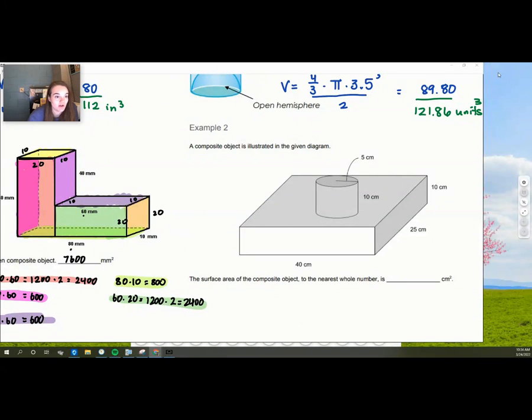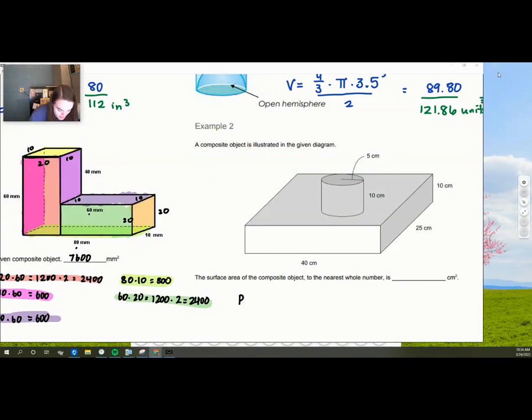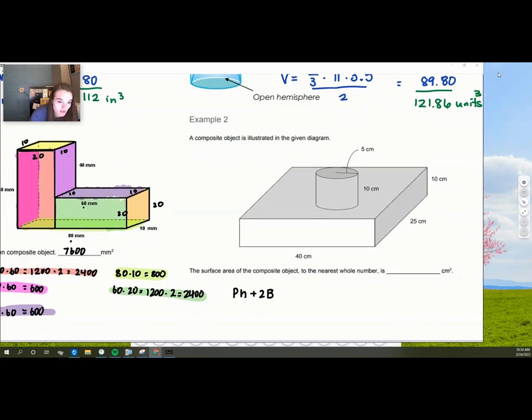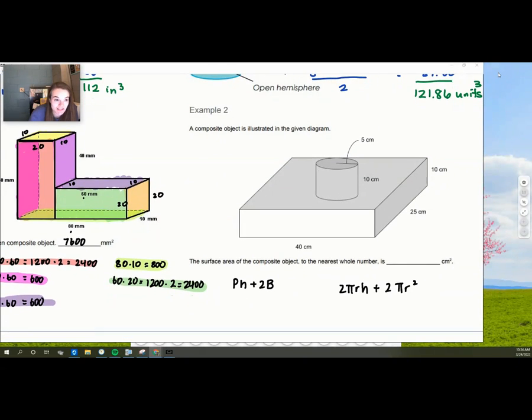So the surface area of a prism, you have the perimeter times the height plus 2B. Okay, so that's what we're going to be using. Or for the cylinder, you have 2 pi r h plus 2 pi r squared. And I will be subtracting 2 pi r squared.